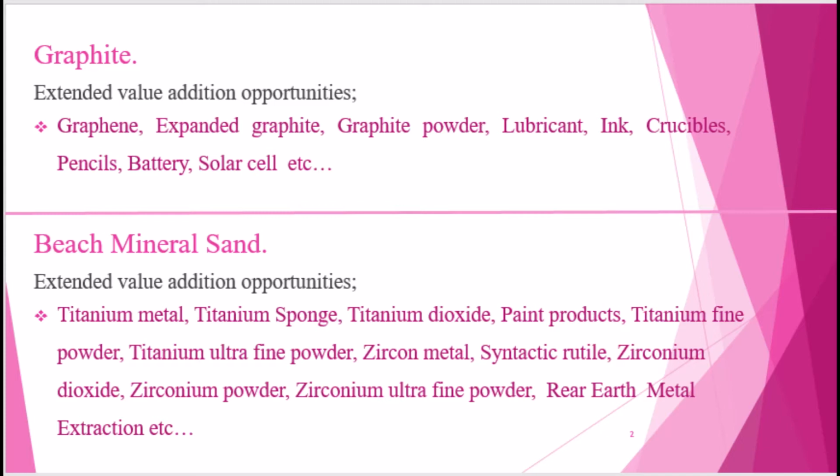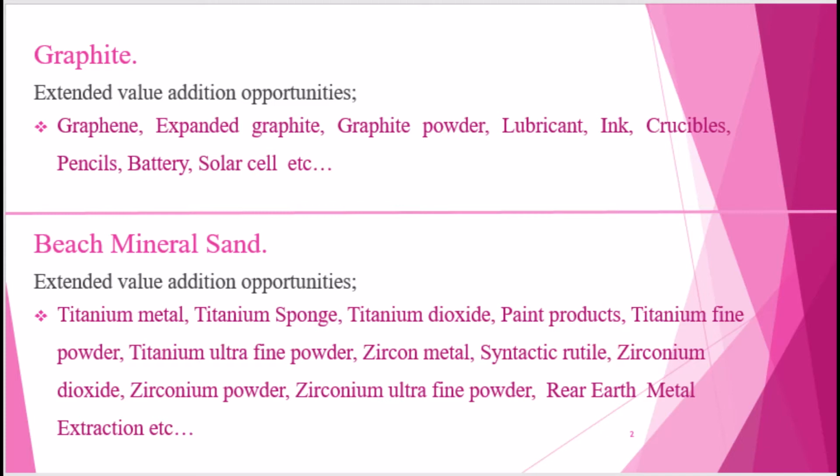Other one, beach mineral sand. Once we consider beach mineral sand, it has ilmenite, rutile, monazite, garnet and quartz. First of all, we have to separate beach mineral sands and do the value addition.